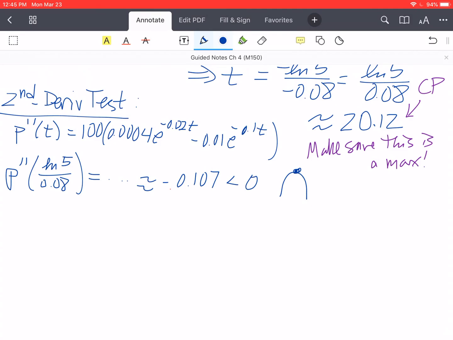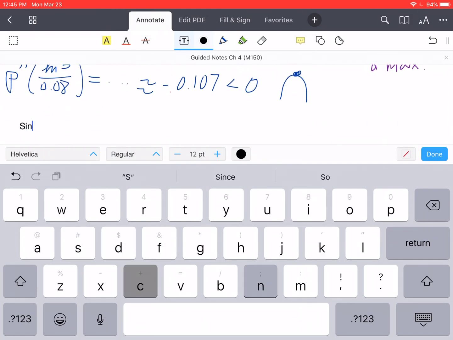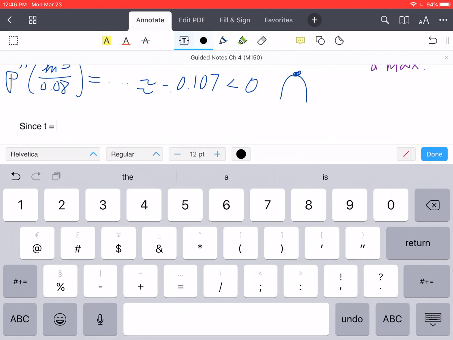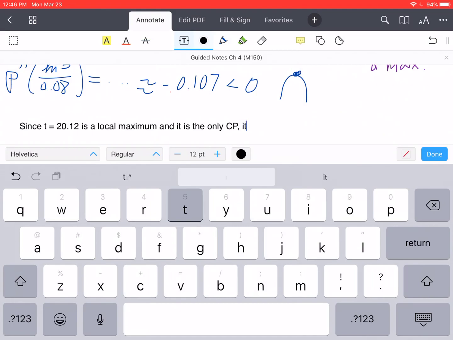Since t equals 20.12 is a local maximum, and it is the only critical point, it must be the global maximum.